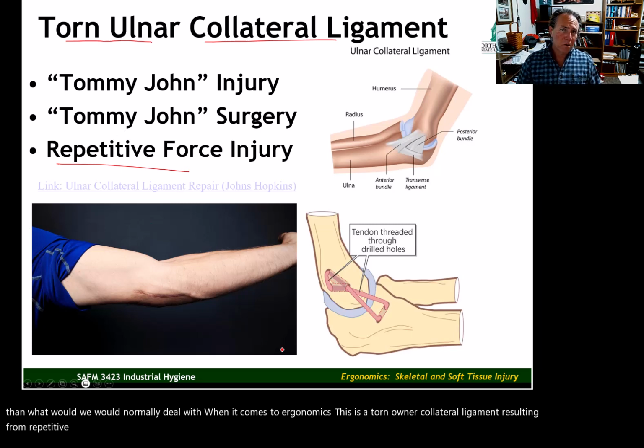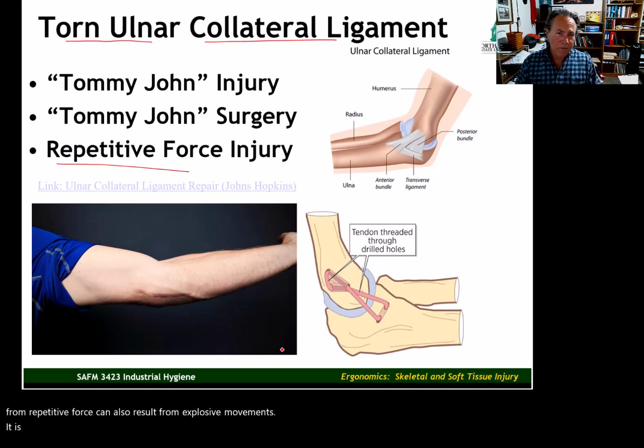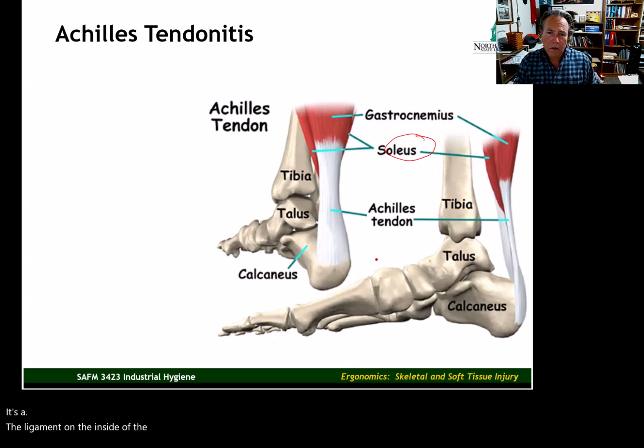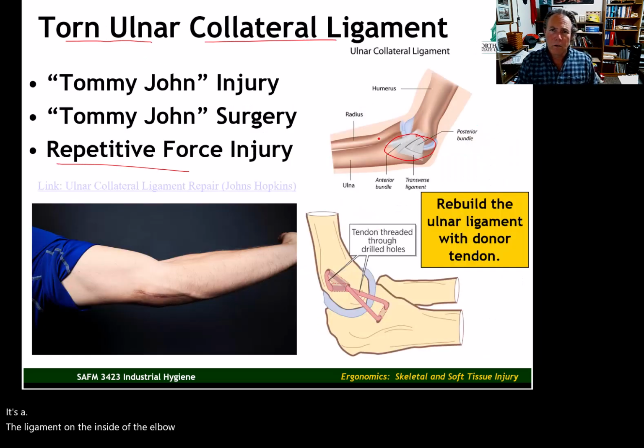It can also result from explosive movements. It is a type of injury that's common to pitchers. It's the ligament on the inside of the elbow. The ulnar collateral ligament on the inside of the elbow. It's a tear of that ligament. It's what we're talking about here.